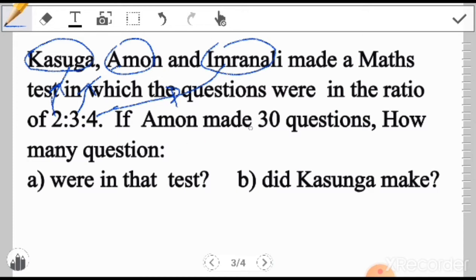And then this is another important part that we have to identify, and then the other parts of the question: how many questions were in that test, and how many questions did Kasunga make.